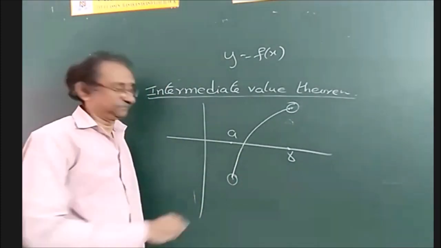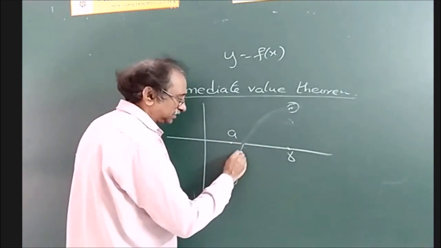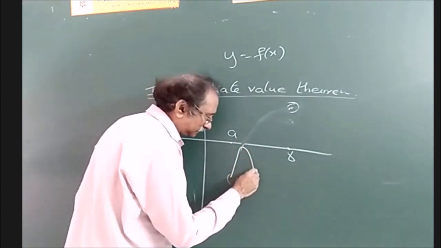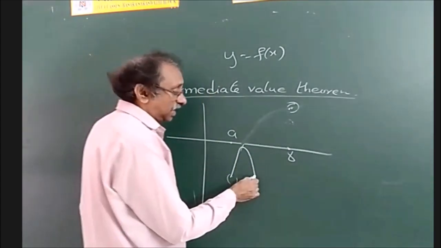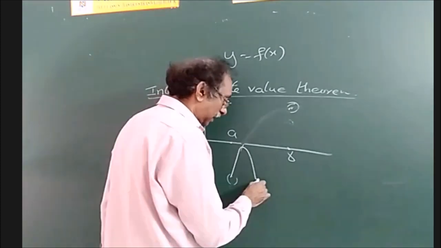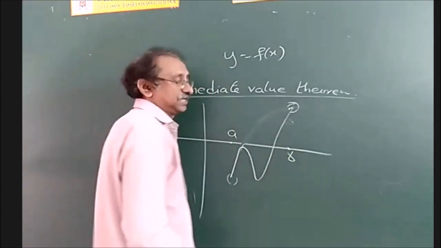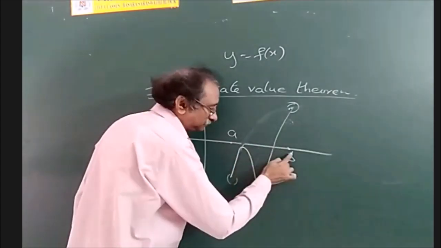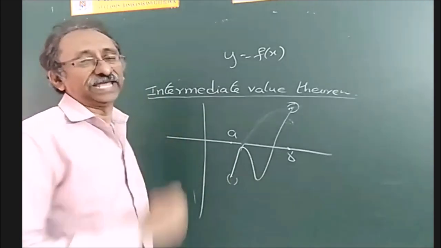At least one time. Or you may say, sir, if you go like this and come back this side, how do you cross the x-axis? But again, I have to go there only. Definitely, I have to draw like this. That means at some point in between these two numbers, it should cross the x-axis.